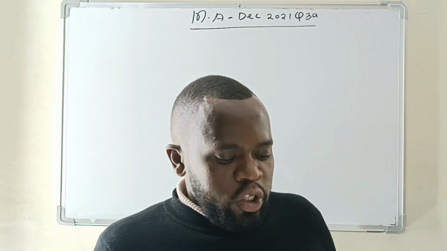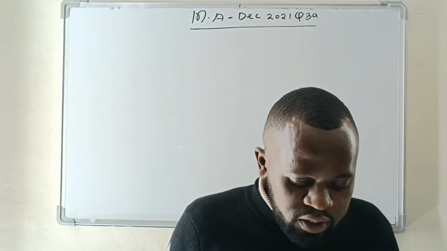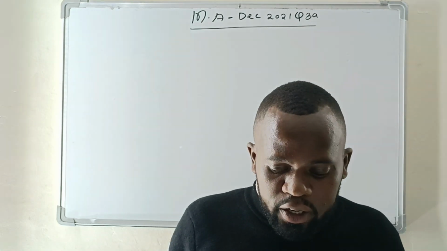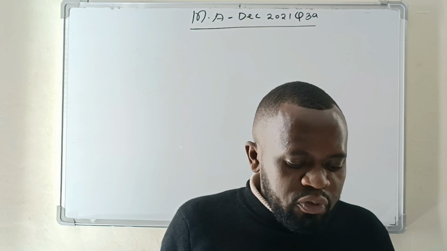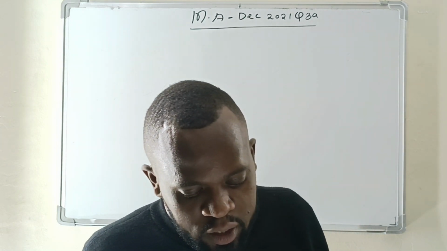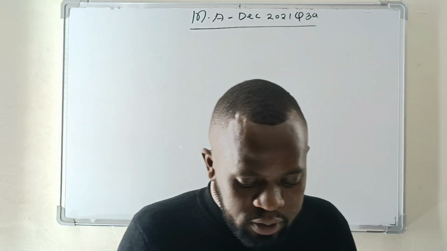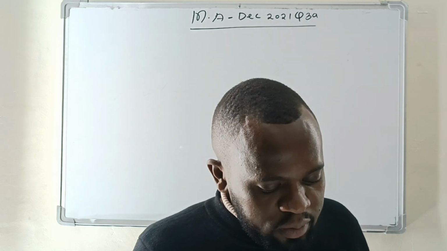Then additional information: we are told the financial details for 1 unit of product Z, based on a normal activity level of 30,000 kilograms, are as follows. Direct material is 1.5 shillings.